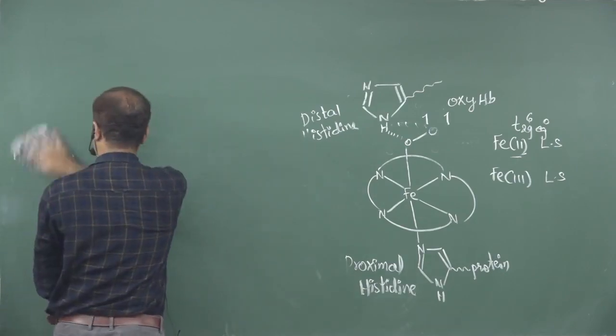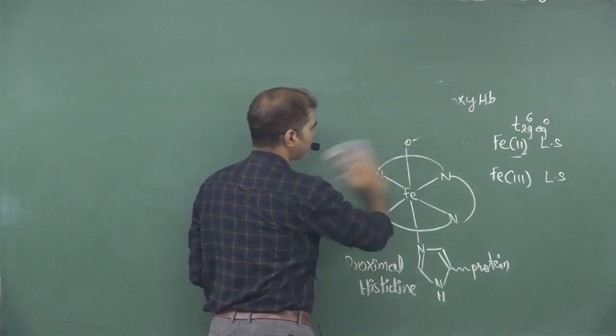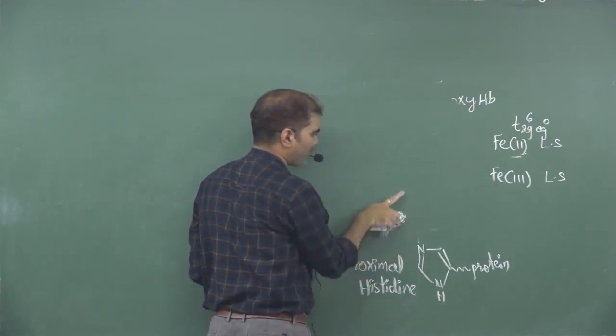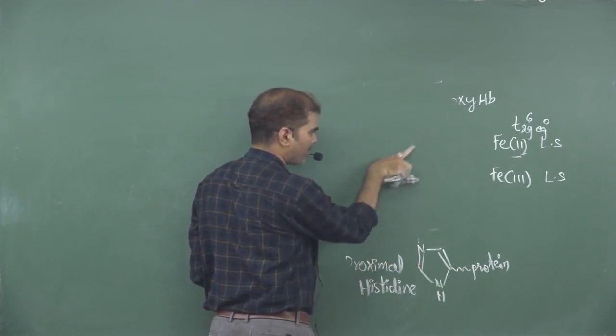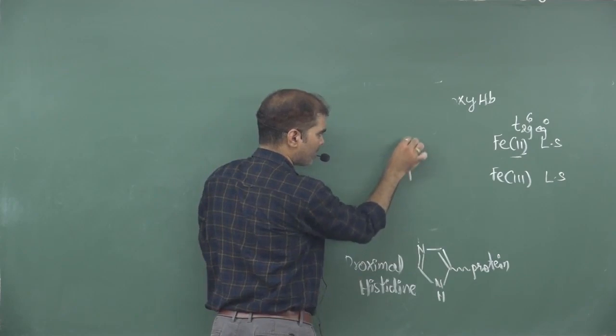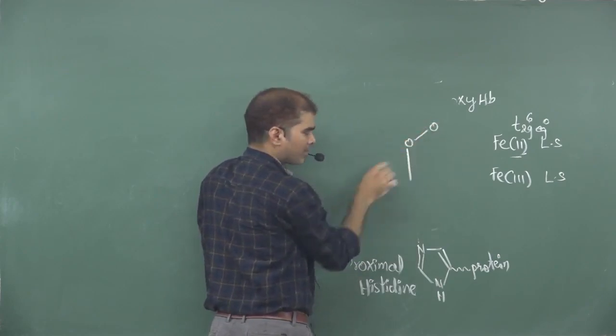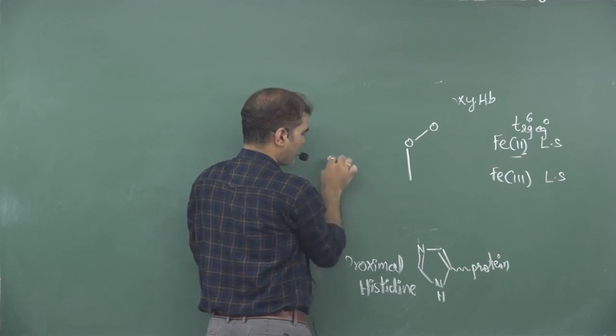Just write down a general data. All these points will take up in the next class. Stability, we have to also discuss the bonding mode of dioxygen. What is the angle? How did I draw this? Did you notice? I have drawn it like this. I did not draw it like this.